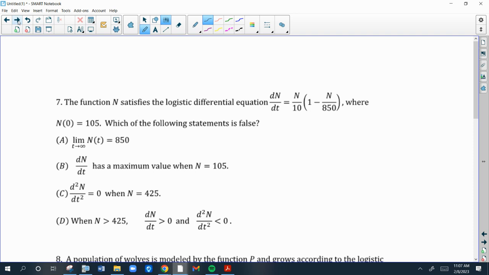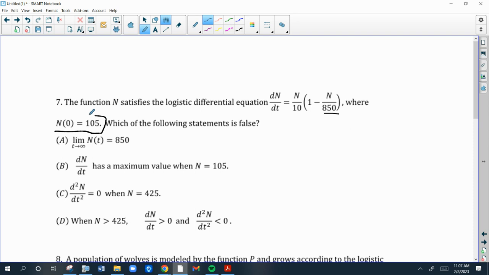Number 7 is another logistic differential equation, and this is in the form that we're used to. So we should be able to tell a lot about this just by looking at the question. 850 is the carrying capacity.